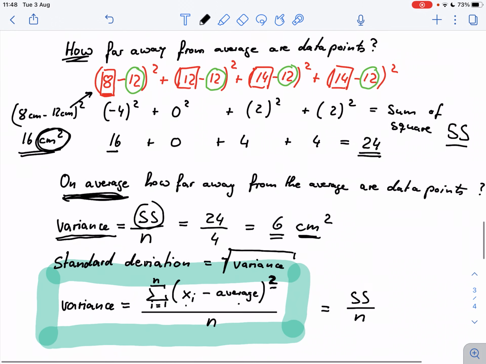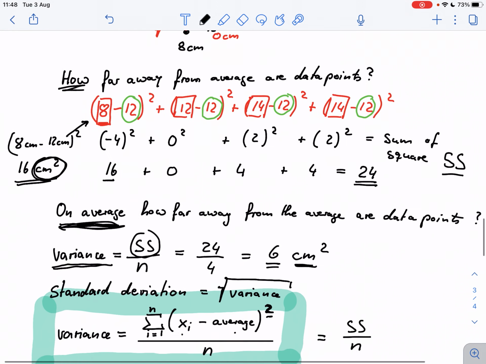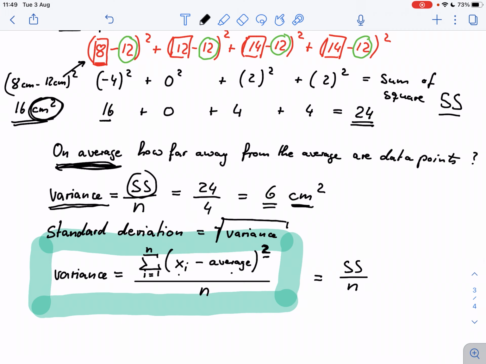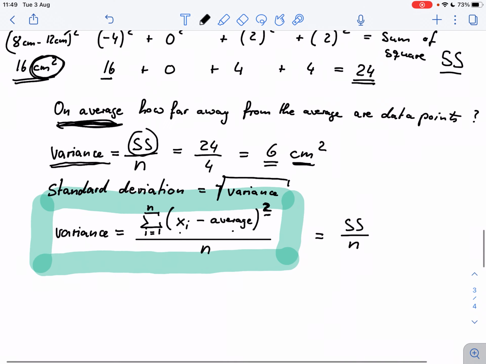So that was quite a long video, but I hope you understand now what the variance of our measurements actually indicates. It tells us on average how far away the individual measurements are from the average, and in particular it tells us how far on average the squares are away from the average.